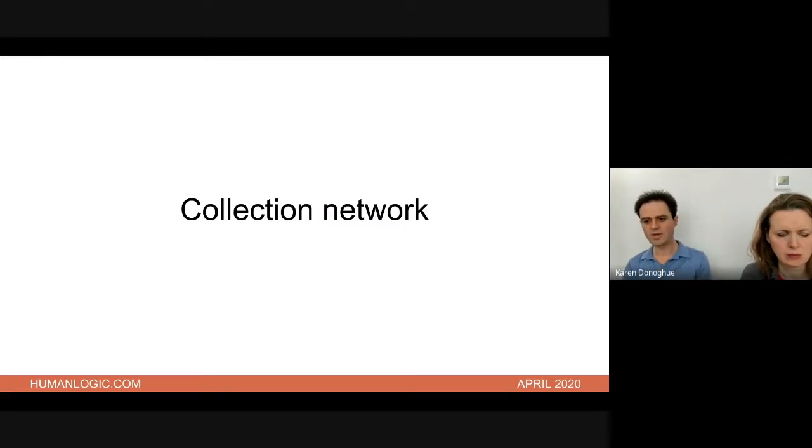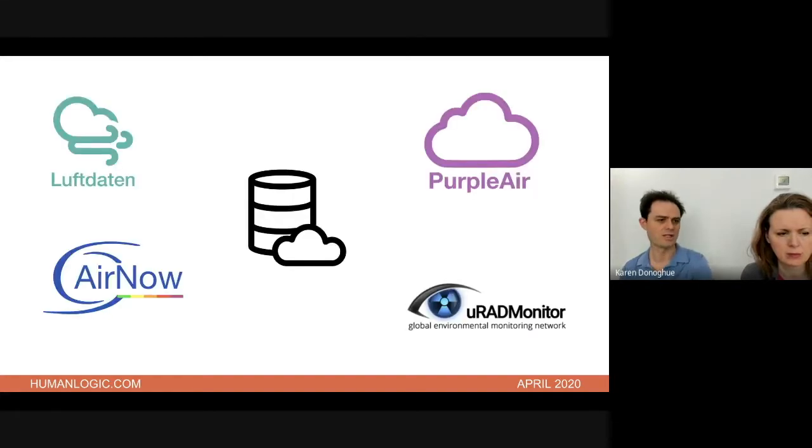So once we've got the data and we're transmitting it across the network, we have some sort of a collection network. And here, obviously, like the internet, there's not one single collection network for anything, but there's a number of different groups on the internet that run cloud scale databases to store the actual air quality readings themselves.